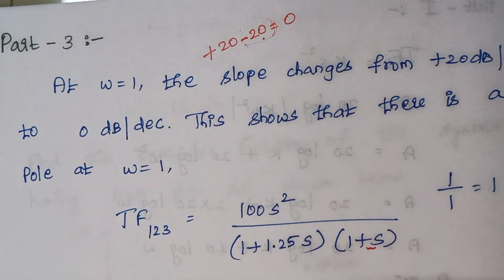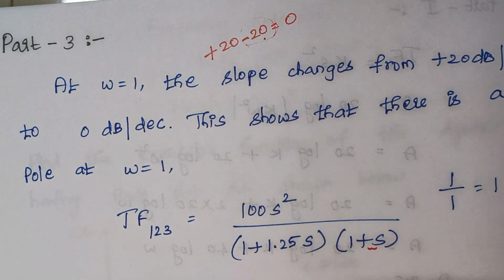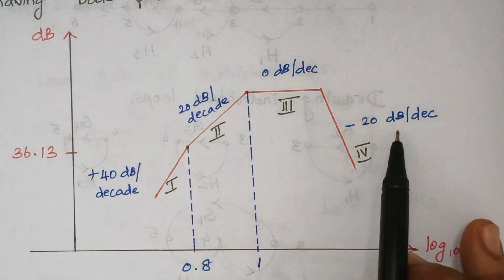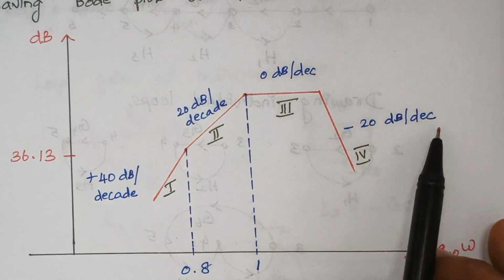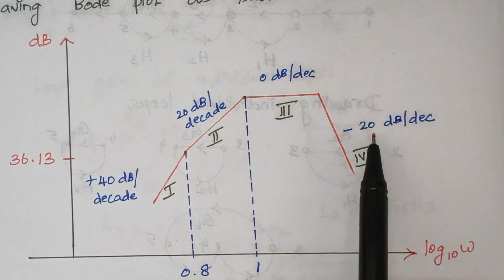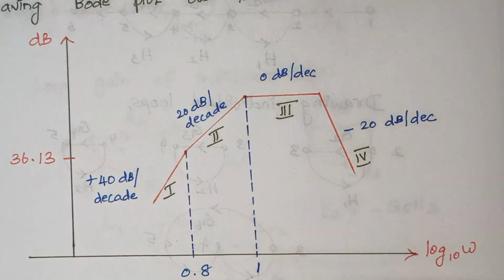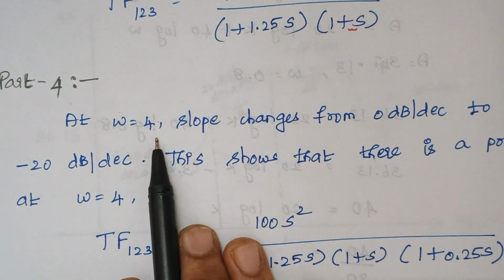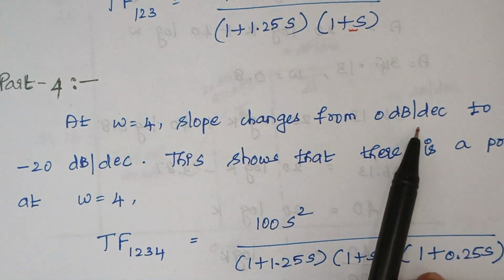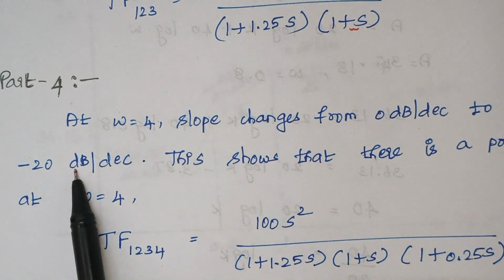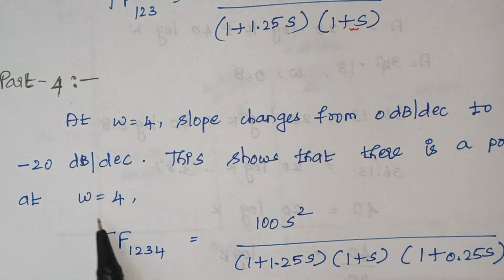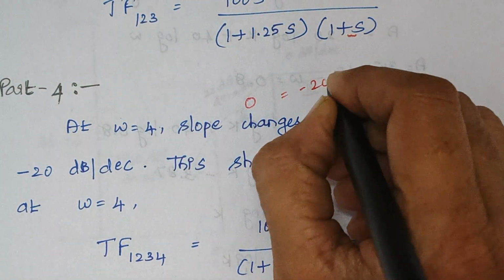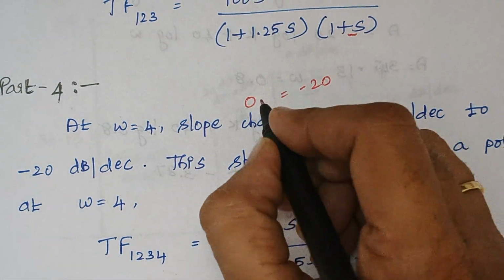Now we are going to see part 4. What happens in part 4? Here the value of slope is minus 20 decibel per decade. Initially it is 0 and now it is minus 20. Here the value of frequency is 4. From 0 decibel per decade to minus 20 decibel per decade is the change of slope. So what is to be included?